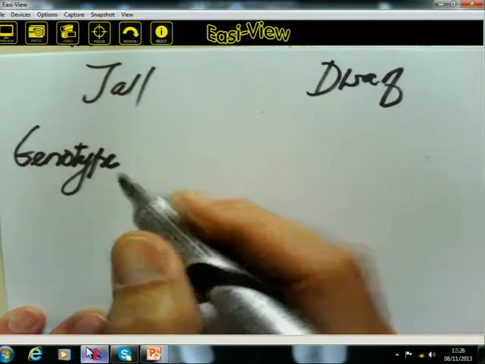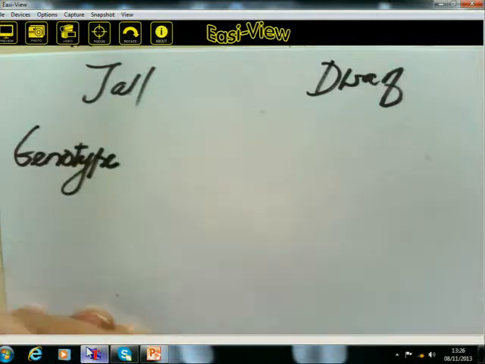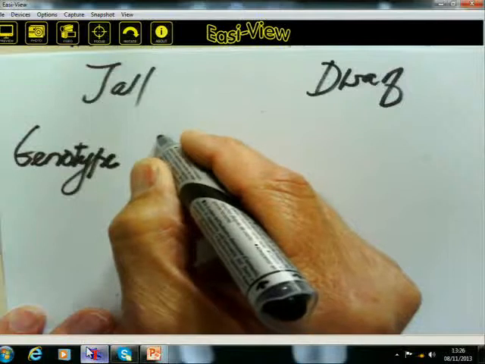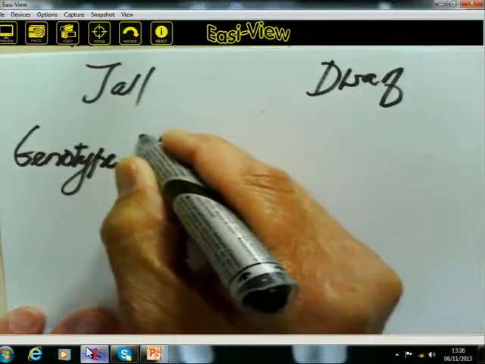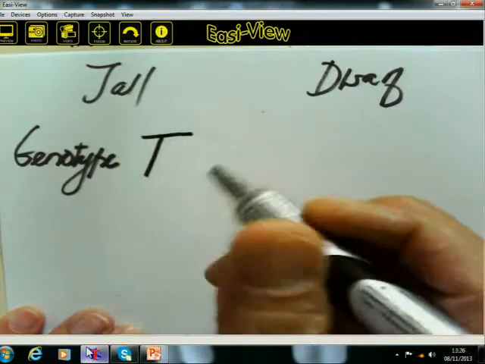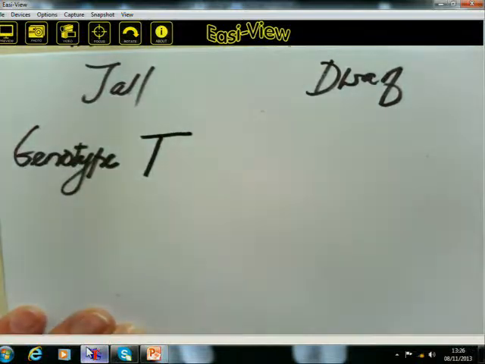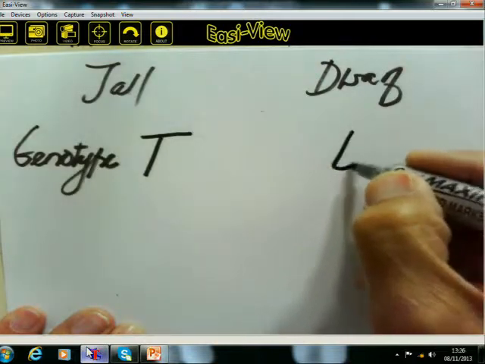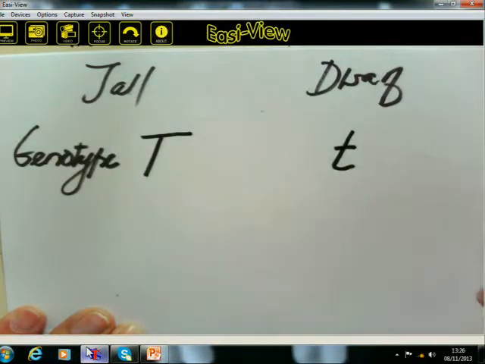In this example, I will use a capital T to represent the tall growing plant, and I will use a small t to represent the dwarfish plant.